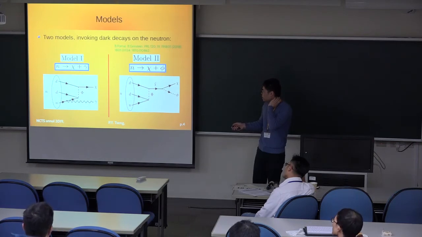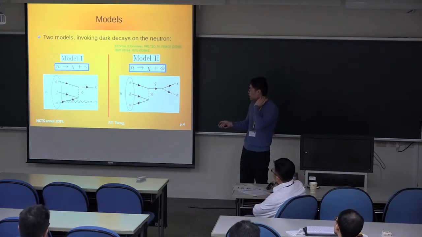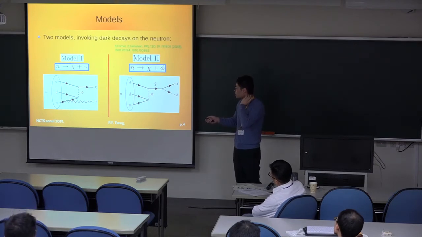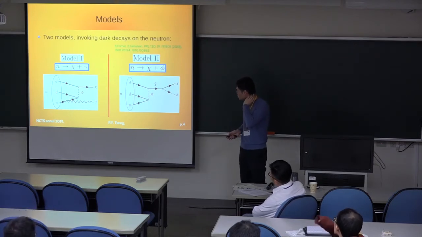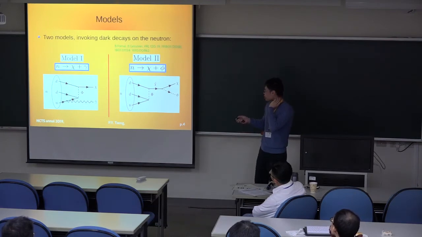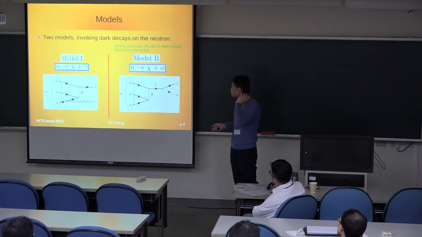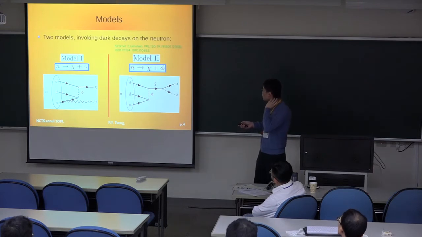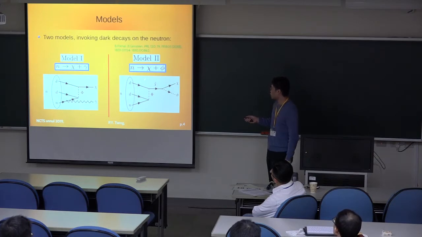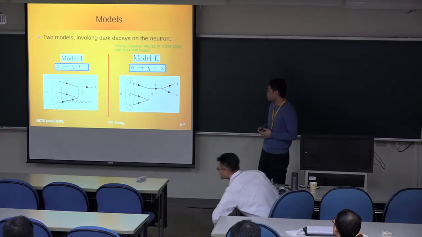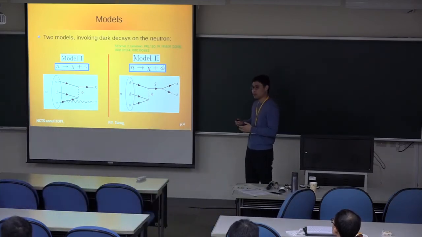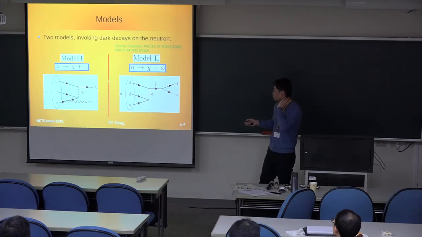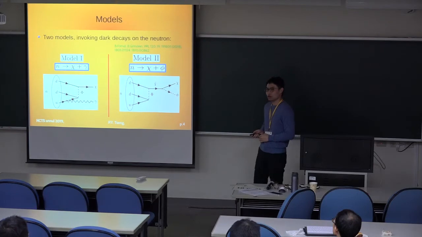On one side, this capital Phi couples to the down and the up quark. On the other side, it couples to the down quark and the chi particle. So this process violates baryon number. For model 2, two more additional particles are introduced, called chi, theta and phi. In this case, more parameter space appears in model 2, and therefore it's difficult to constrain the model 2 parameter space.